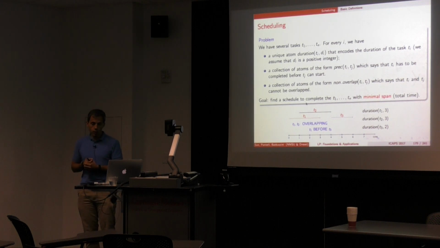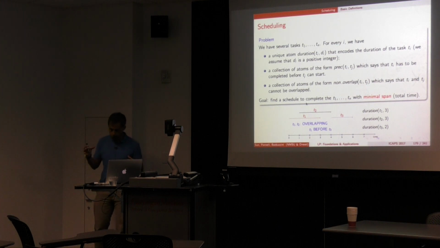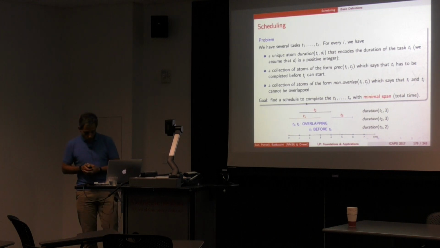And also the overlap relation. The overlap relation is the case in which you have 2 tasks that cannot occur at the same time. Their durations cannot overlap, their execution times cannot overlap in any way.